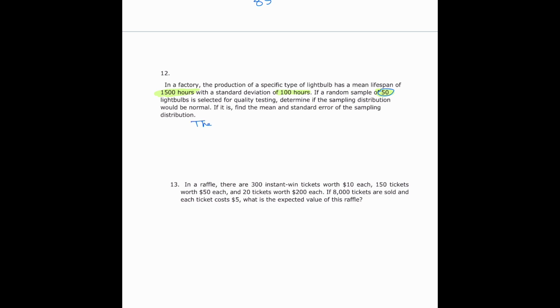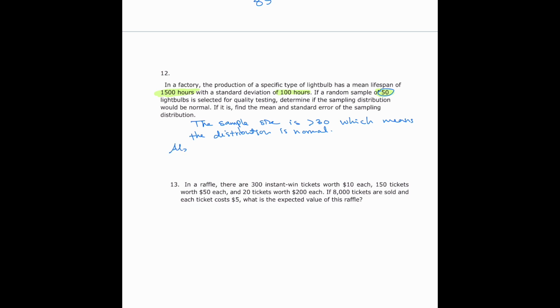So I'm going to say here the sample size is larger than 30, which means the distribution is normal. Or we have a normal distribution.